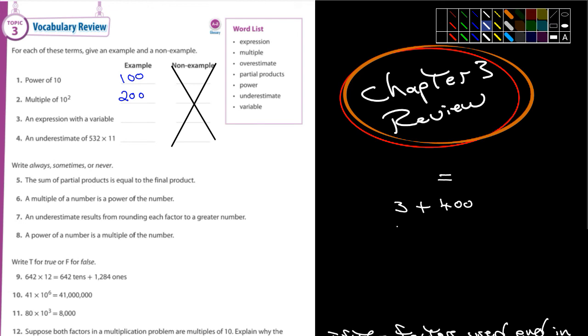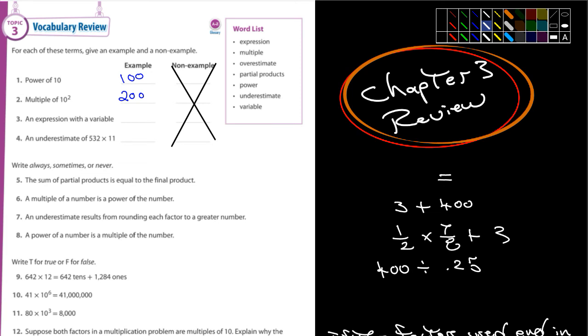If I wrote 1/2 times 7/8 plus 3, that's an expression. Or how about 400 divided by 0.25? That's an expression. Expressions don't have an equal sign.